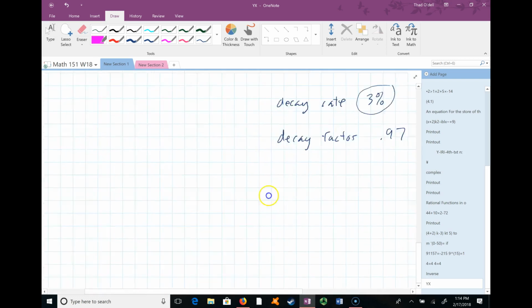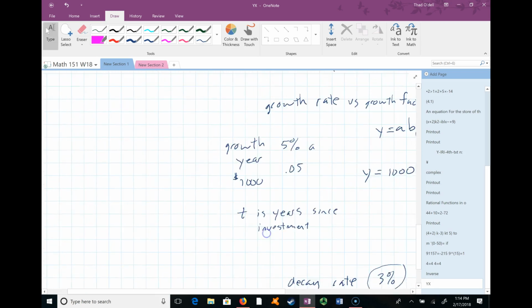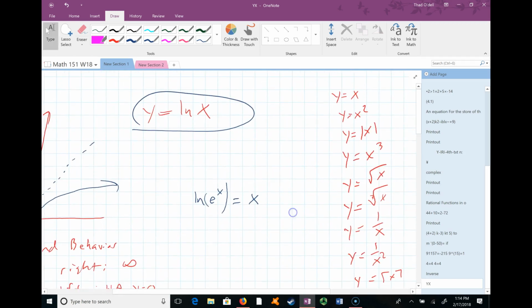It also is important to understand the connection between y equals, say, 2 to the x and y equals log. Now, up here, we had a natural log. This is ln x, so that's a log that undoes e to the x. And so notice there's no little base down here.